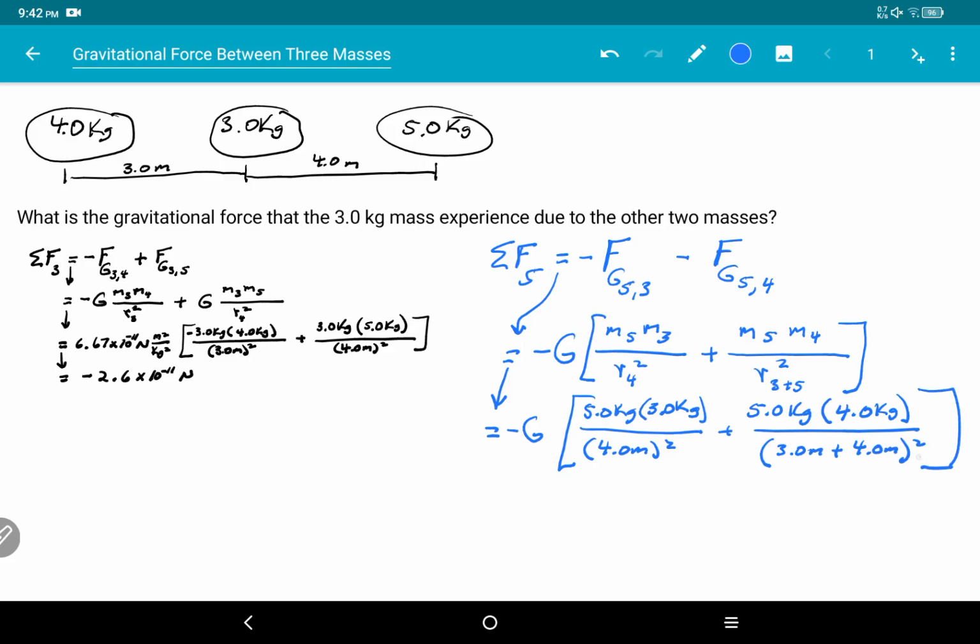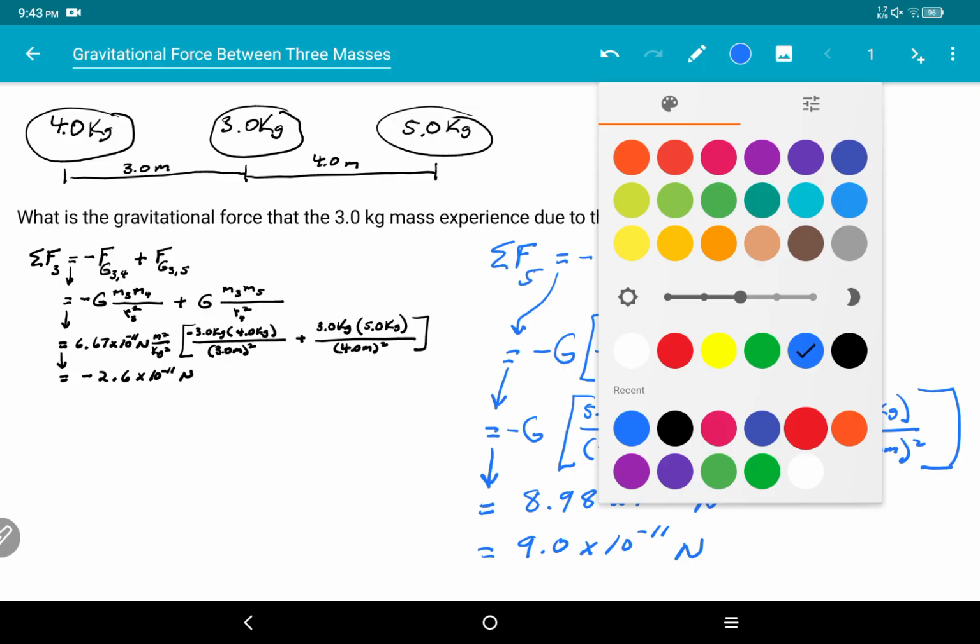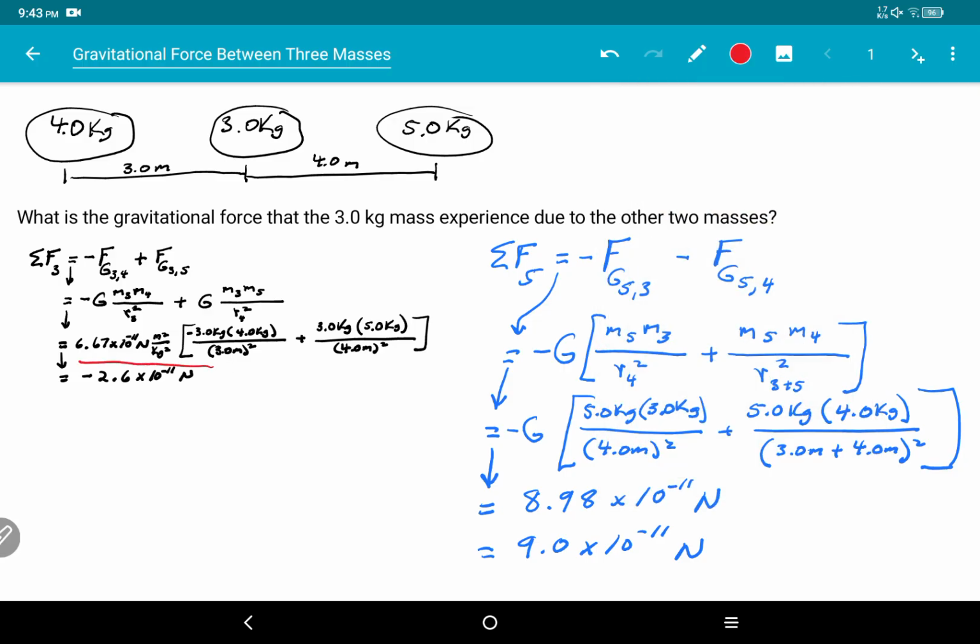That's where I got the 7 earlier. Well, we plug this all into a calculator and you're going to get 8.98 times 10 to the negative 11 newtons, but with sig figs, we're at 2 sig figs, so the actual answer will be 9.0 times 10 to the negative 11 newtons. Okay, so here are our 2 answers.